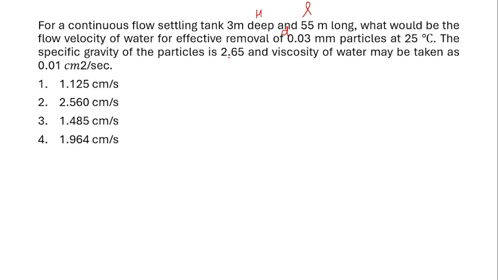Specific gravity is given as 2.65 and this is the weight of the particle, solid. And for water it is always 1, right? And then viscosity of the water mu is given, which is 0.01 centimeters square per second. So you need to calculate the flow velocity. So that is the question.